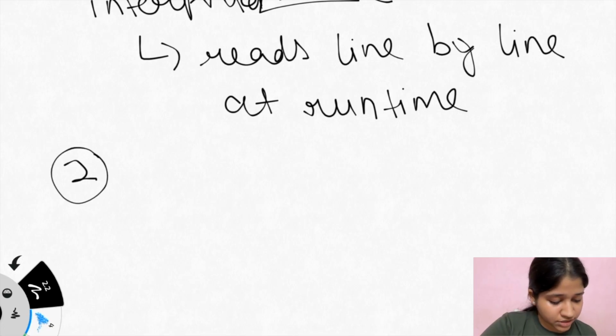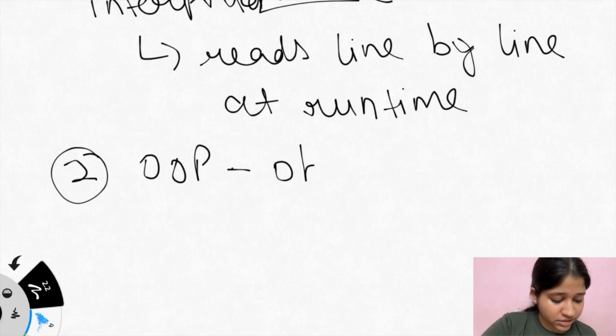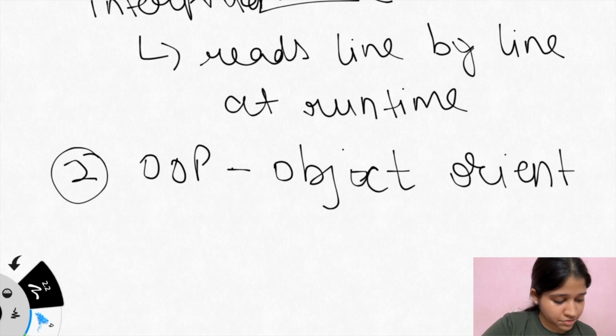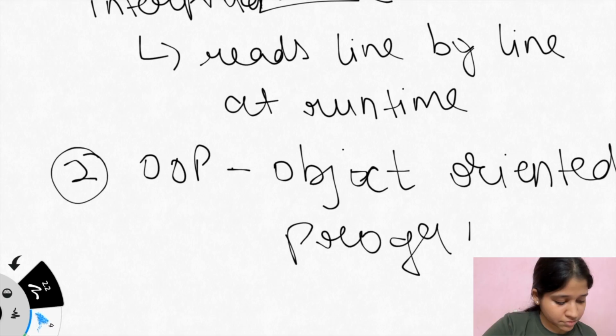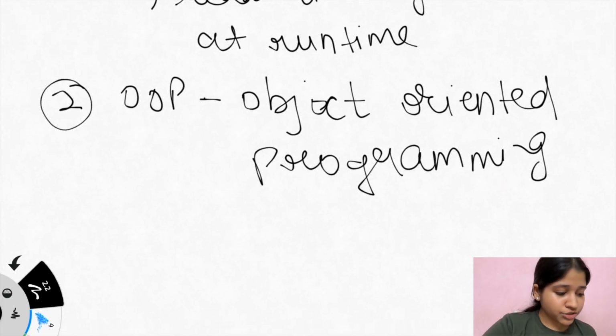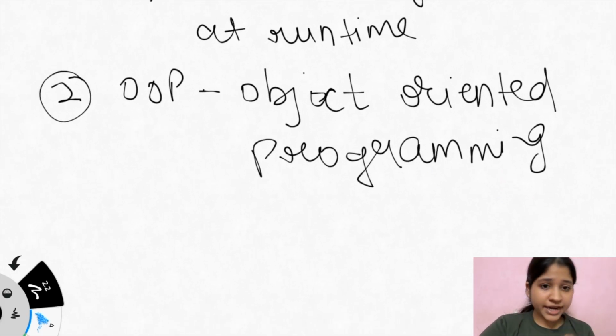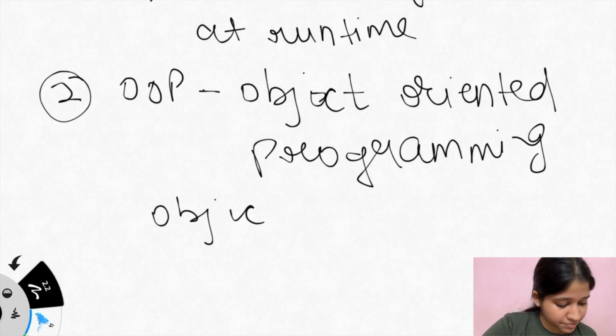Now the second feature is OOP, that is object oriented programming. So what is object-oriented programming? Instead of writing everything in one place, we create objects and classes.